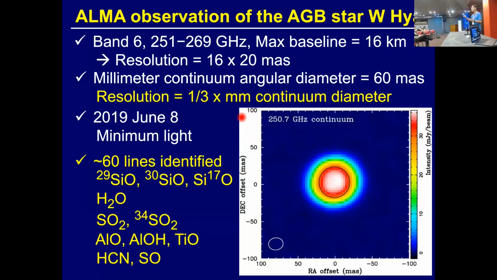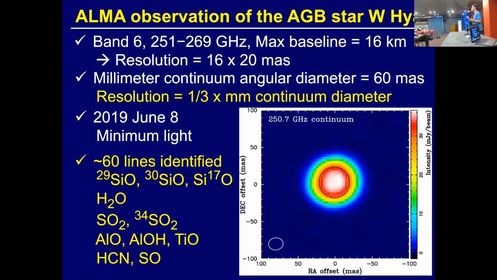Our observation took place in June 2019 when the star was at minimum light. And in the end, we identified nearly 60 molecular lines: different isotopologues of SiO, water vapor, many lines of sulfur dioxide and its isotopologues, and some lines of AlO, AlOH, TiO, HCN, and SO.